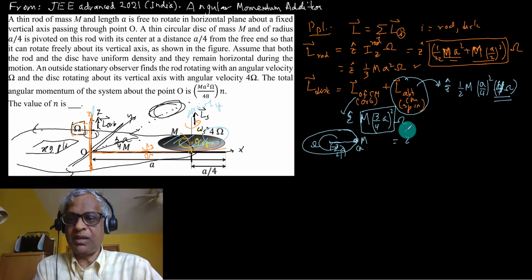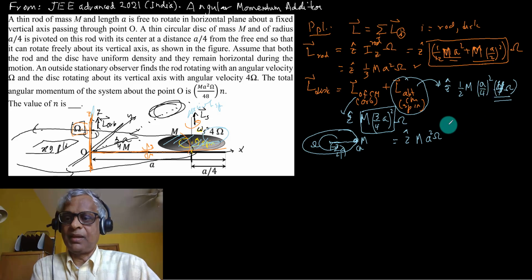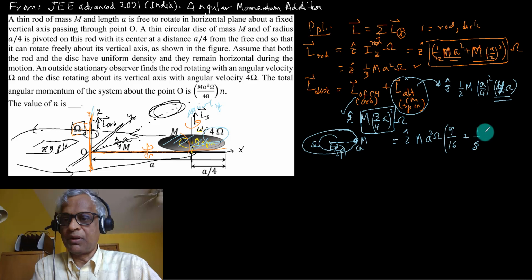So you have a z hat, and you're going to have m a square omega, and so some factor will come from here, 9 over 16 comes from here, and 1 of the 4 will cancel 1 of the 4, so it's going to be 1 over 8.